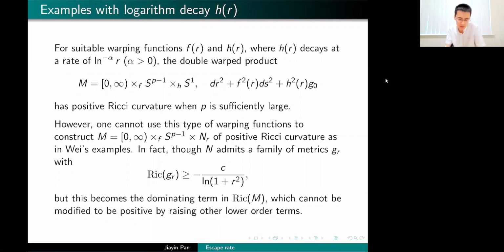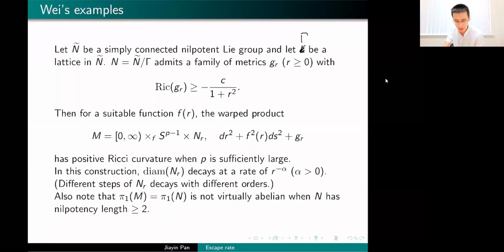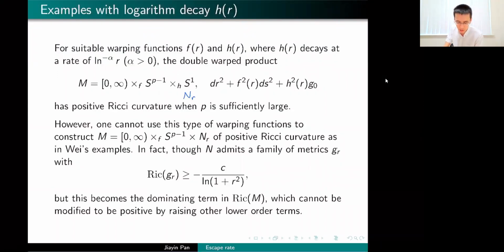However, one cannot use a similar idea as Wei's construction to do this for an N, say, instead of a circle. It's possible to do a similar thing: you start with a simply connected nilpotent group, you start with a lattice, then you can construct a family of metrics g_r on this N so that it has almost non-negative Ricci curvature.